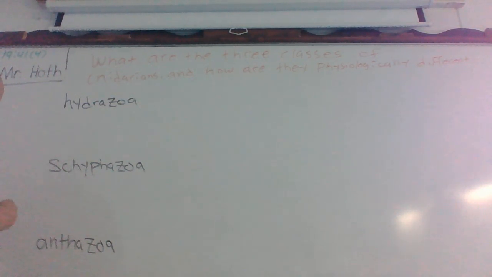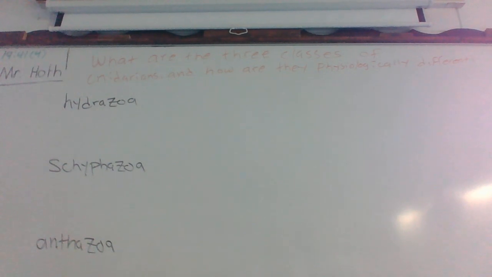One of the things we talked about yesterday in regards to food gathering for, we'll just say, a jellyfish or even a medusa, we know that inside their tentacles, which is a recurring theme for this phylum, all cnidarians have tentacles, and in those tentacles, they do what?